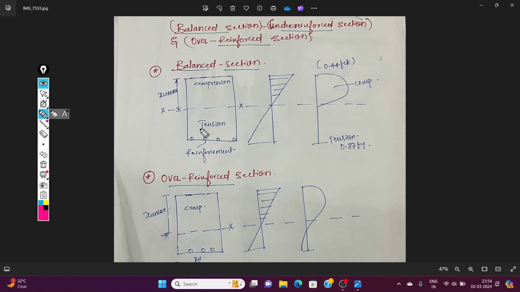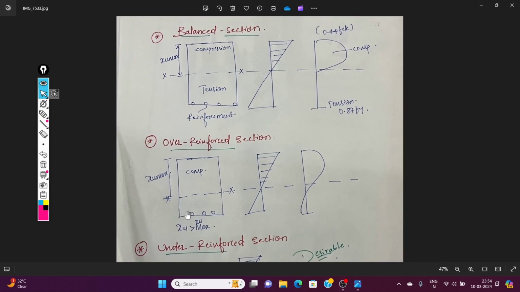Both sections, compression at the top and tension at the bottom, fail simultaneously. This balance section is not desirable for the beam.